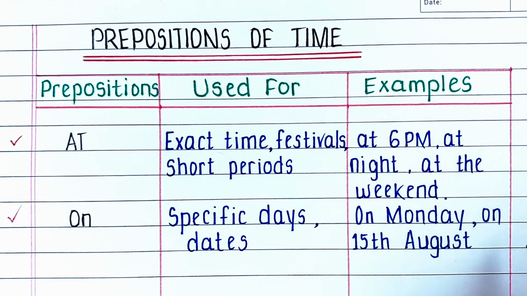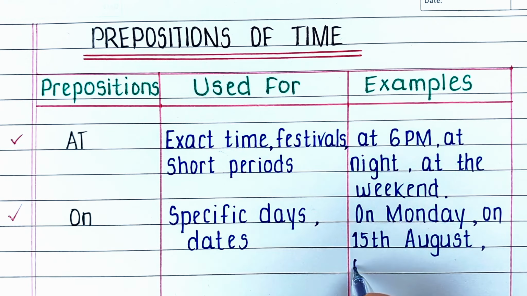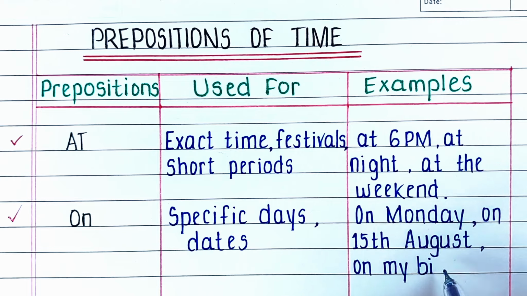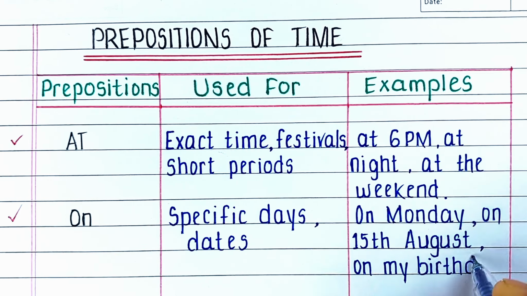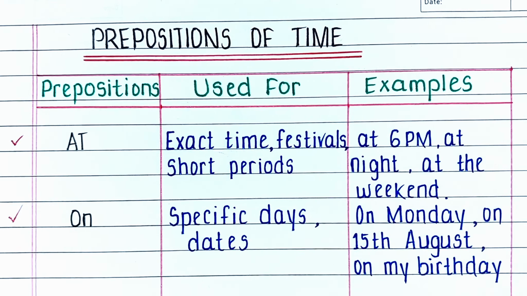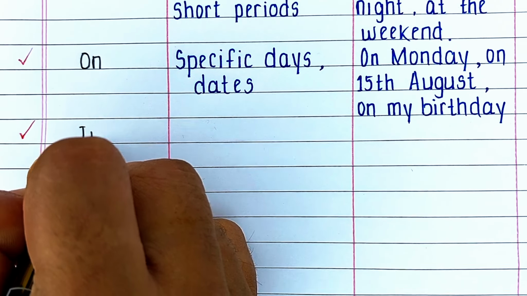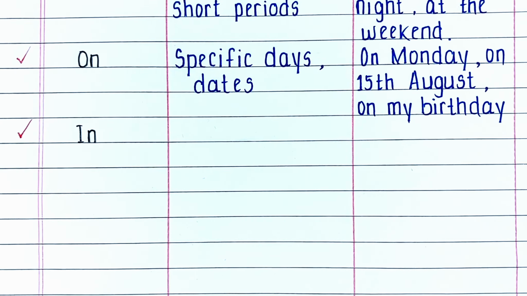If I want to indicate a particular date, I can say on 15th August or on 19th September, like this. And if I want to indicate a particular day without mentioning the date, I can say on my birthday or on his anniversary, like this.